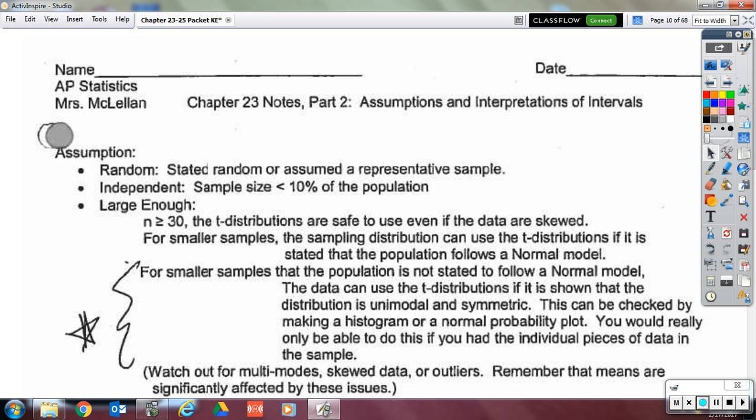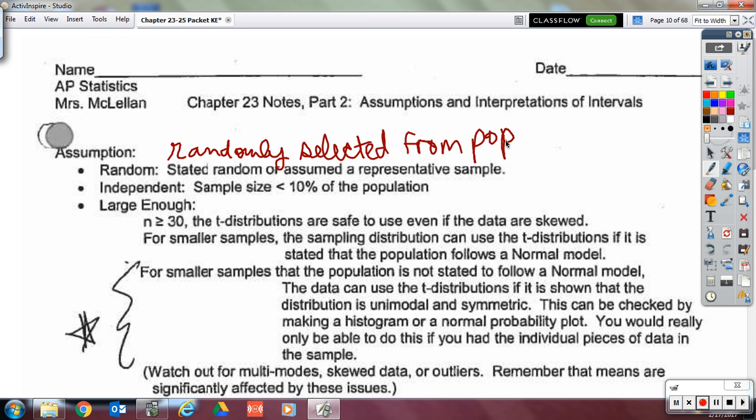All right, now, let's first start right here at the top where we're familiar with this stuff. Random. Okay, this is old. It says stated or assumed to represent. But what did we add this year? We said, let's make it randomly what? Selected from the population. Randomly selected from the pop. Or what?